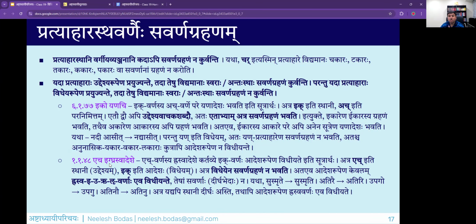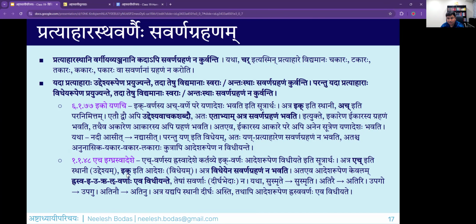Another example, echah igrhasvadeshe. See the sutra, it says that you have an ec letter. Ec is not English, it's the pratyahara. Ec letter, tasya hrasvadeshah kartavyah asti chet ik varnah adesha rupena vidhiyate. So anytime you want to convert an ec letter, ekara, okara, aikara, aukara to hrasva form, an ik letter, i, u, ru, lu will come as an adesha.